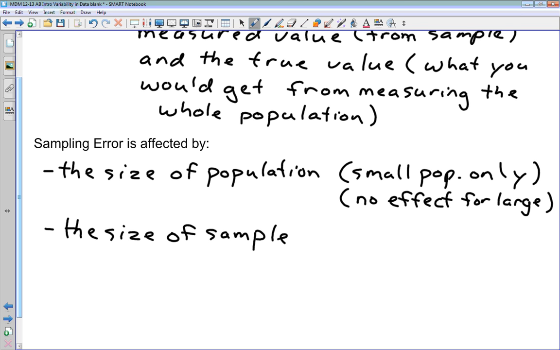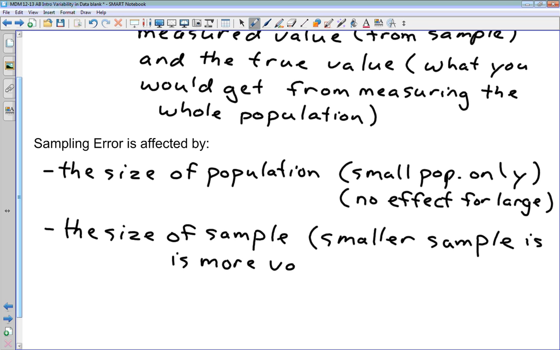Usually what happens is that a smaller sample is more variable than a large sample. So in other words, if we choose a small sample, it's more likely to deviate from what we would get if we were measuring the entire population. So we'll usually have a larger sampling error.